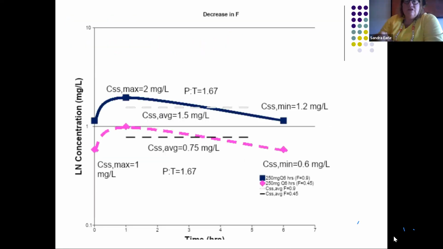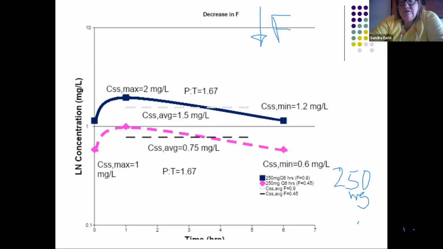Okay. So now, this is a circumstance. I'm going to go back to my annotator, that we have a decrease in bioavailability. So there's less drug making it to the systemic circulation. So this blue line is our initial situation. The blue line is we're giving 250 milligrams Q6 hours.